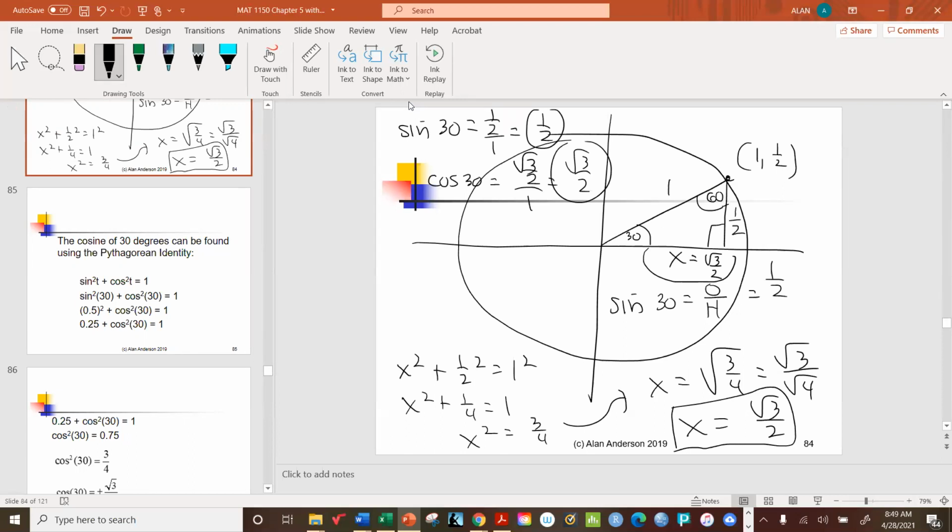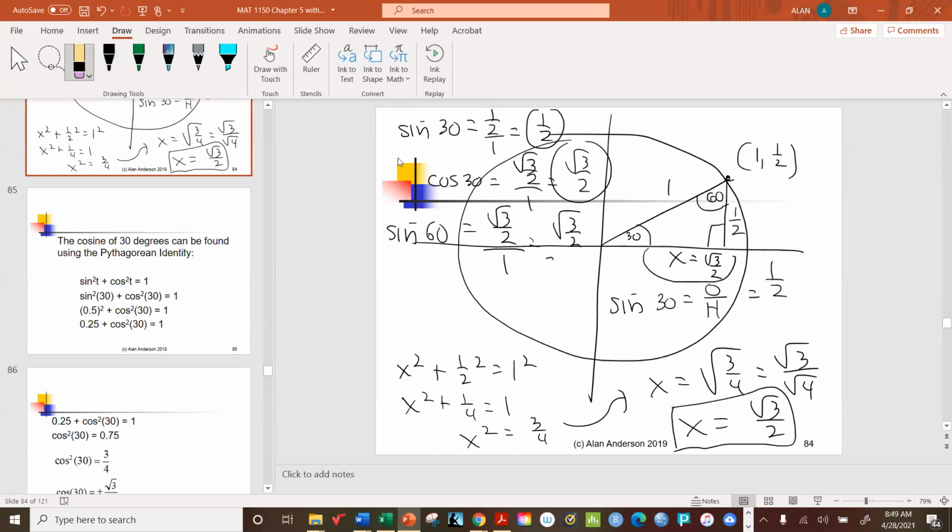So we get to kill two birds with one stone with this triangle, because now the sine of 60, from there, the opposite is radical 3 over 2. And the hypotenuse is 1, of course. And you can see why this unit circle is so nice.